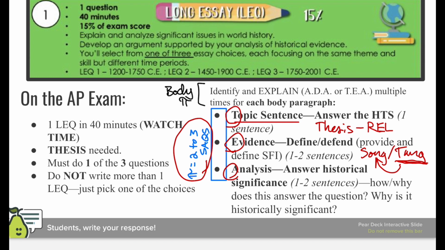Okay, so using religious figures like that in order to cement your rule could also be another SAQ that you put into that particular body paragraph covering religion.